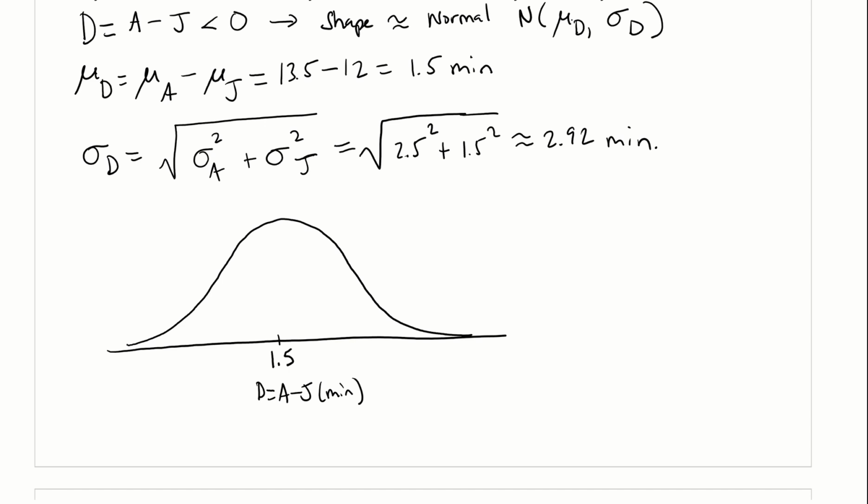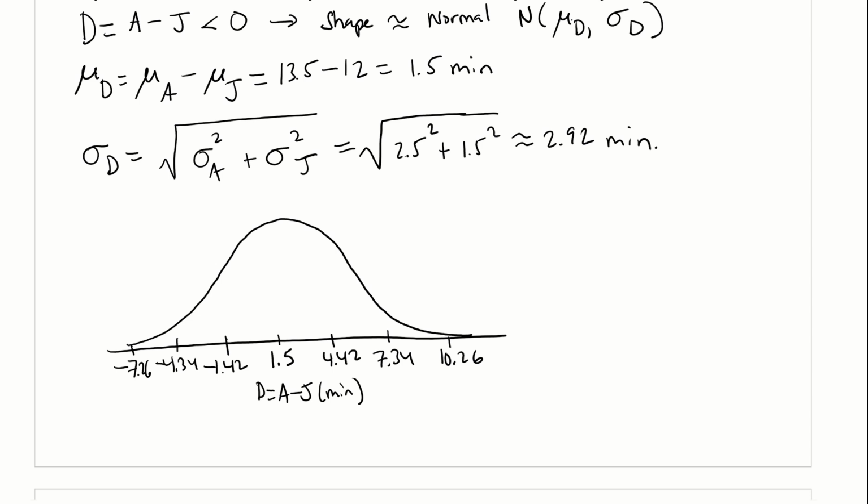So the mean is 1.5, and then we're going to add 2.92 and subtract 2.92. So let's get those numbers. If I add 2.92, I get 4.42, add another 2.92, 7.34, and then 10.26. And then if I subtract, negative 1.42, negative 4.34, negative 7.26.